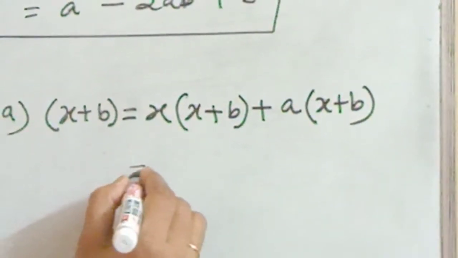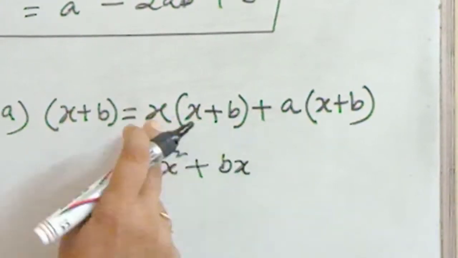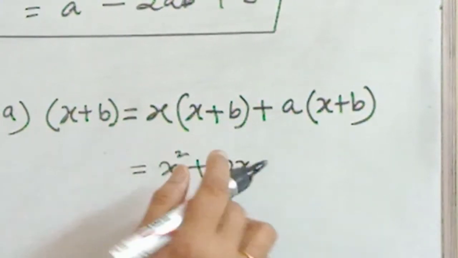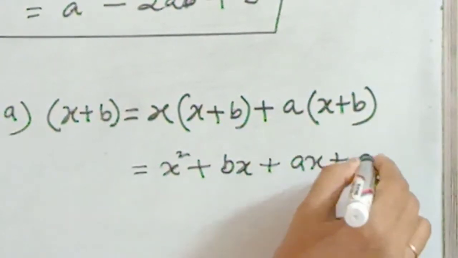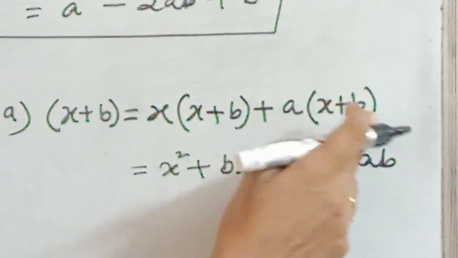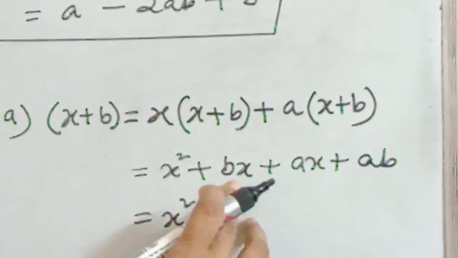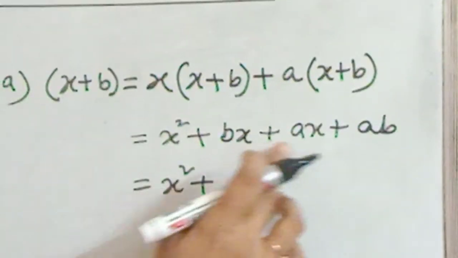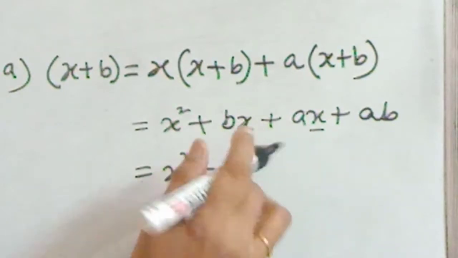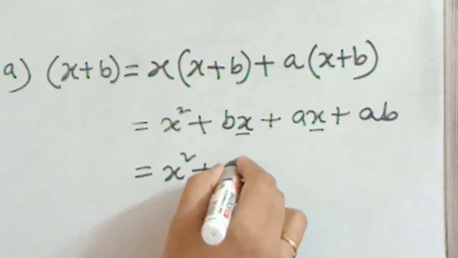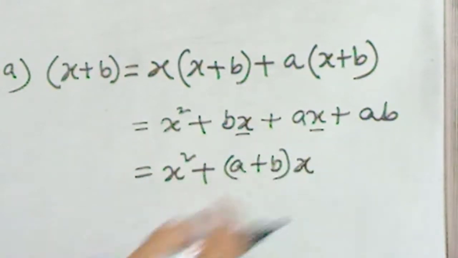Now what are we getting here? x square plus bx, alphabetically you have to write bx, plus ax plus ab, a into b, ab. Now x square plus, if I take x common, x is in both the terms, so we can take (a plus b) into x outside.